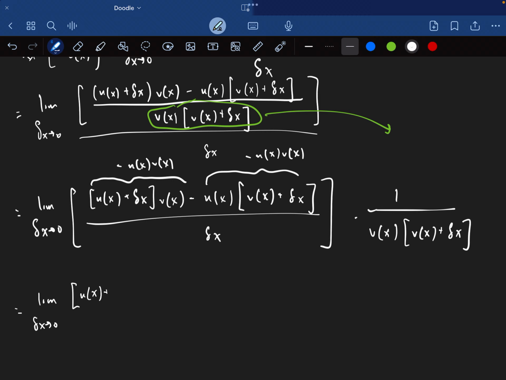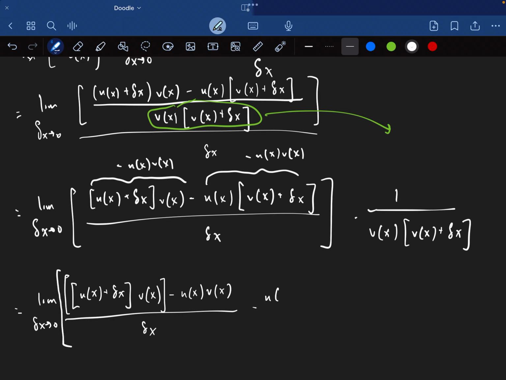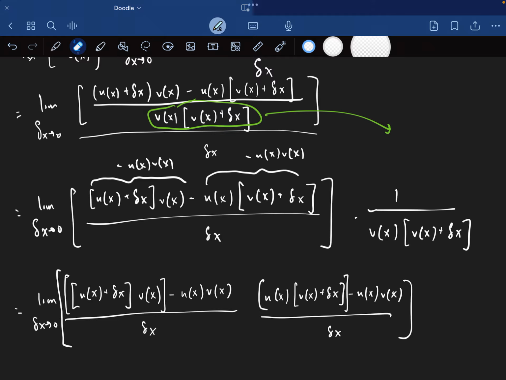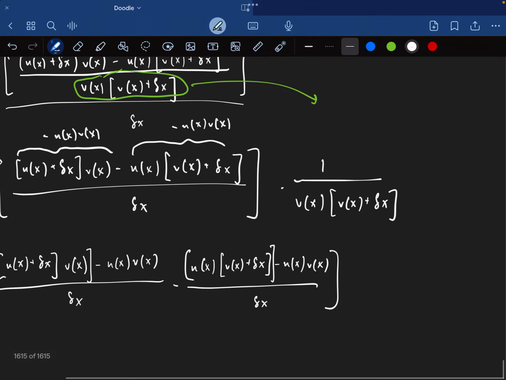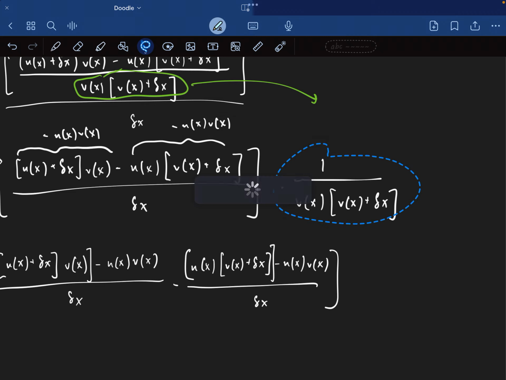So [u(x plus delta x) v(x) minus u(x) v(x)], there's a lot of brackets going on, and then this is delta x, minus [u(x) v(x plus delta x) minus u(x) v(x)]. So this is by itself, and then delta x, this minus sign more apparent, and then this is untouched.